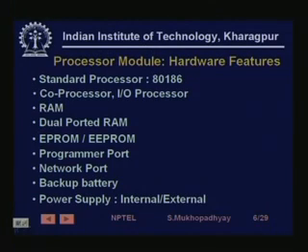So, there is always a backup battery which will back up part of the RAM, and you obviously need the power supply, which could be internal within the processor module, or it could be external as a separate power supply module which will connect to the processor module. It could be either way.